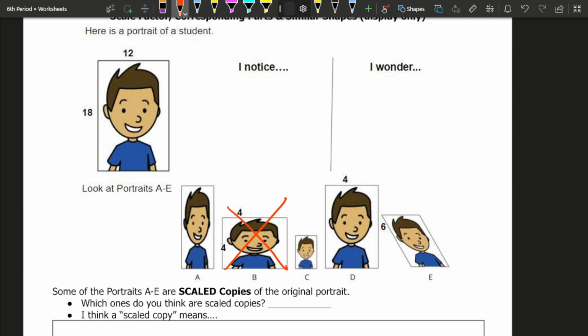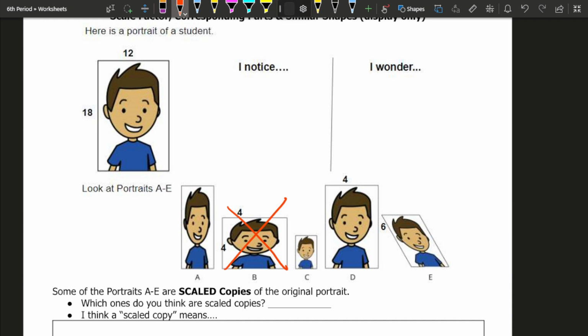Now, you mentioned something about the slanted one. Which one is the slanted one? E. Is it a rectangle? It's flat. But a rectangle has to have opposite sides parallel to each other, right? Well, this one does too. But how many sides does E have? 4. But it's not a rectangle, right?